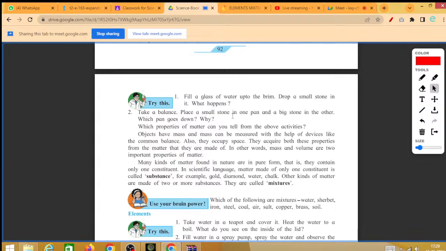Good. Read the next question, Harshal. Which properties of matter can you tell from the above? Which are the properties? Weight. One is weight. Second? Mass. Okay.